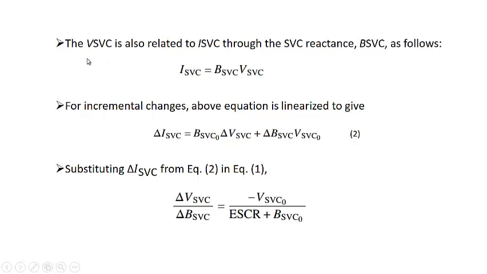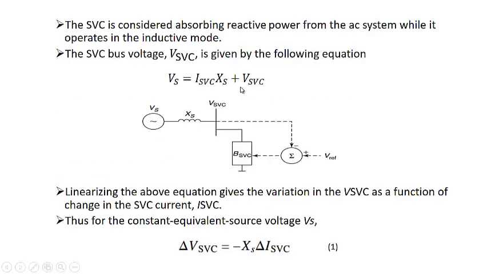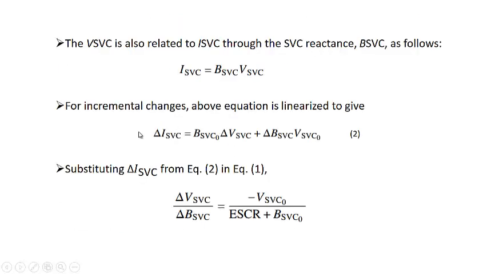Now the VSVC is also related to ISVC through the SVC susceptance as follows, that ISVC is equal to BSVC into VSVC, that is this one. Again, differentiating this, we can see partial differentiation.